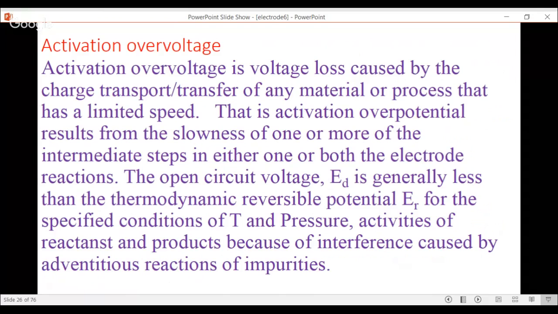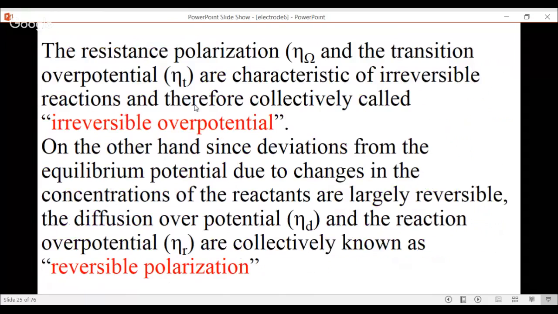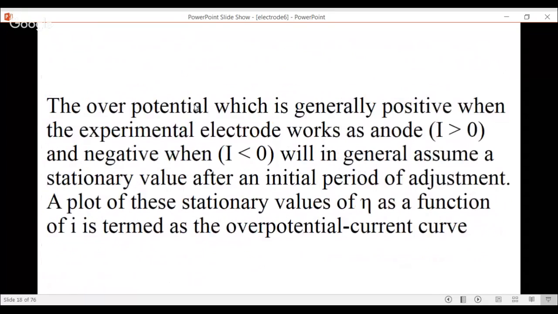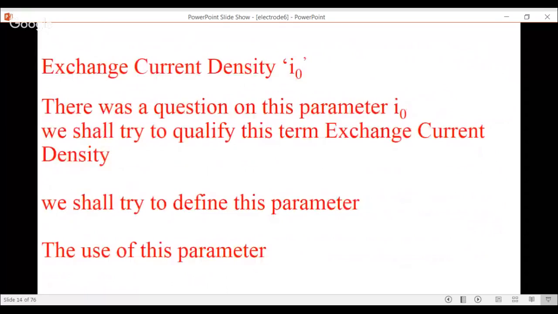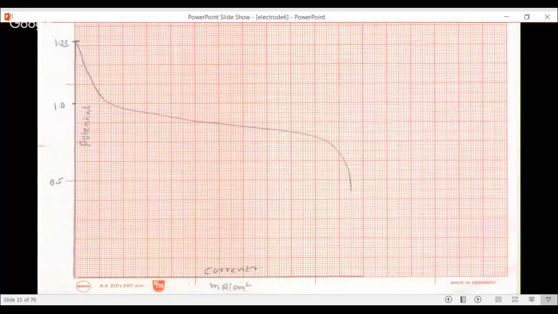Activation over voltage, we have already seen this. This initial portion of the curve is activation over voltage.